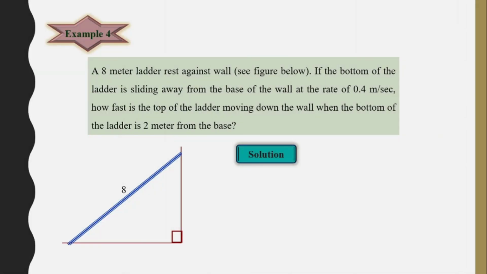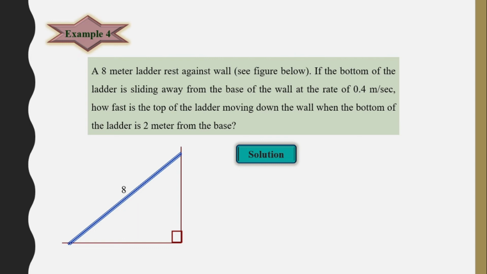Example 4. An 8-meter ladder rests against a wall. If the bottom of the ladder is sliding away from the base of the wall at the rate of 0.4 meter per second, how fast is the top of the ladder moving down the wall when the bottom of the ladder is 2 meters from the base?